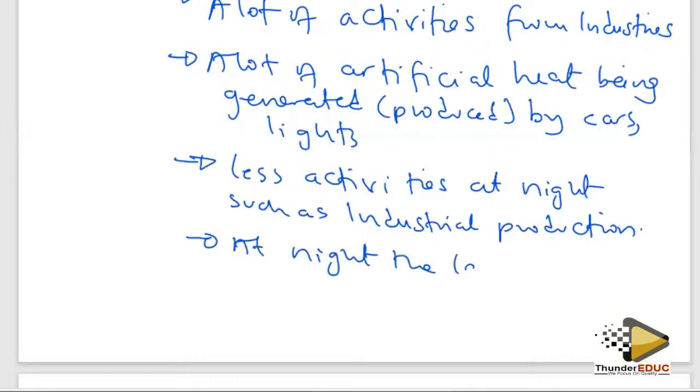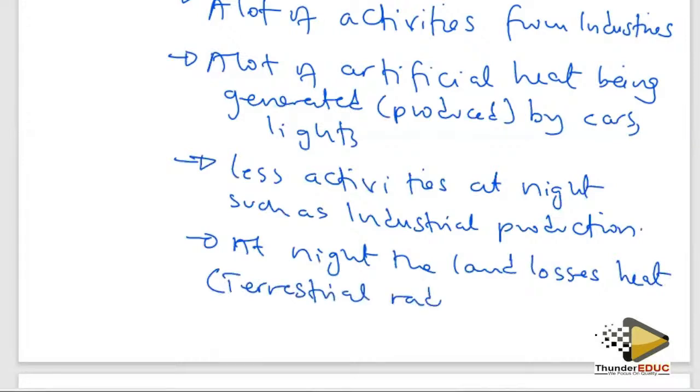The land loses heat, which is referred to as terrestrial radiation, which could result in the temperatures in that area lowering down, right?